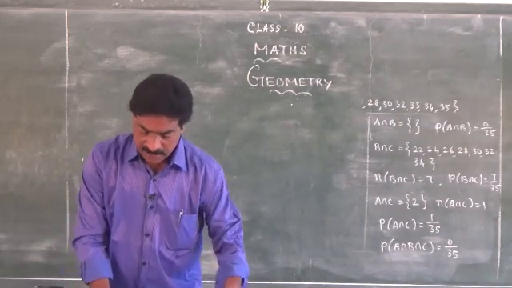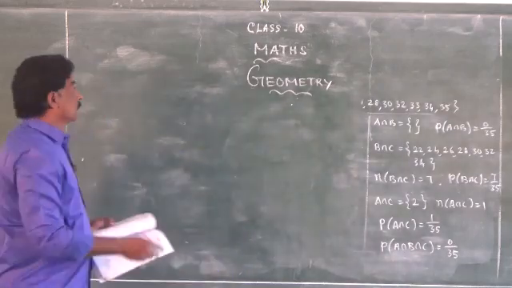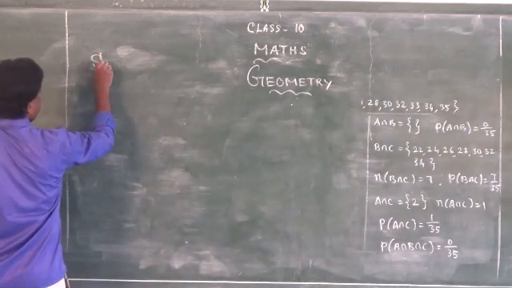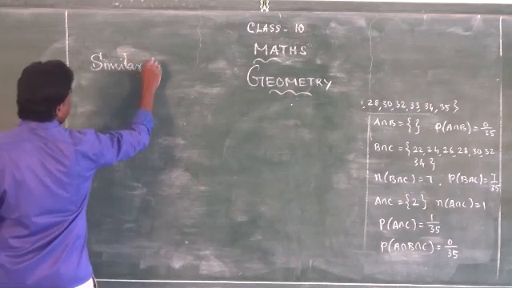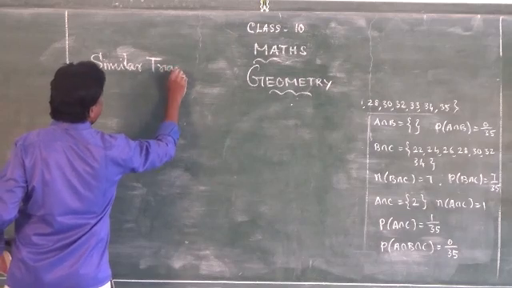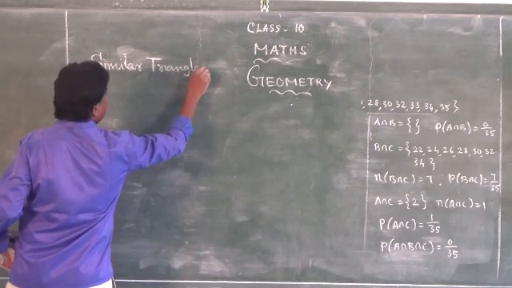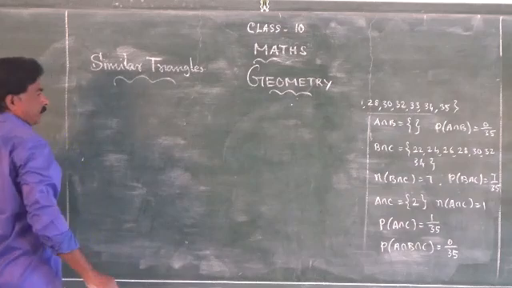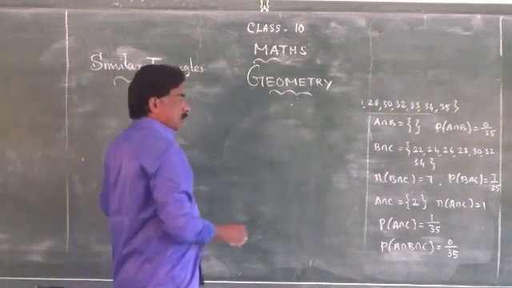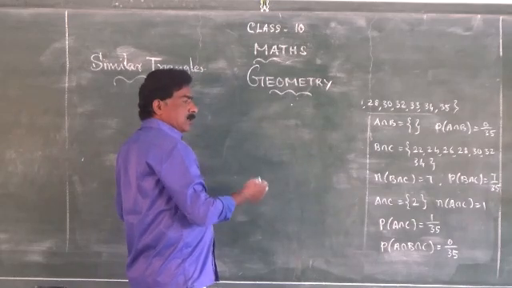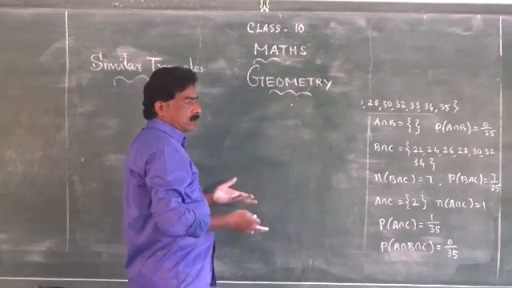So, similar triangles. For congruency, we learnt that two triangles are congruent when the three sides and three angles are equal.